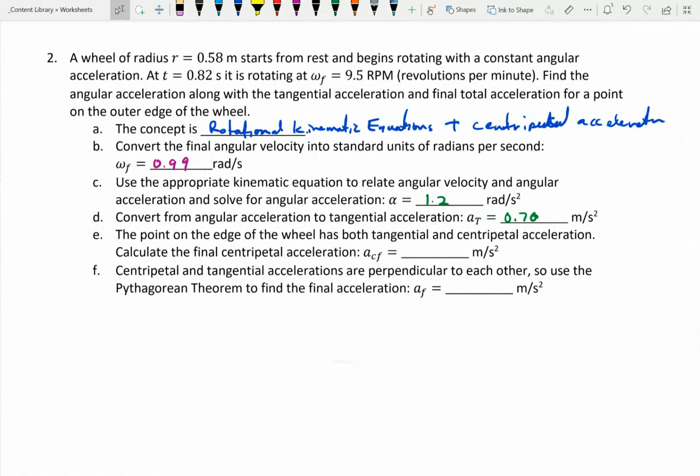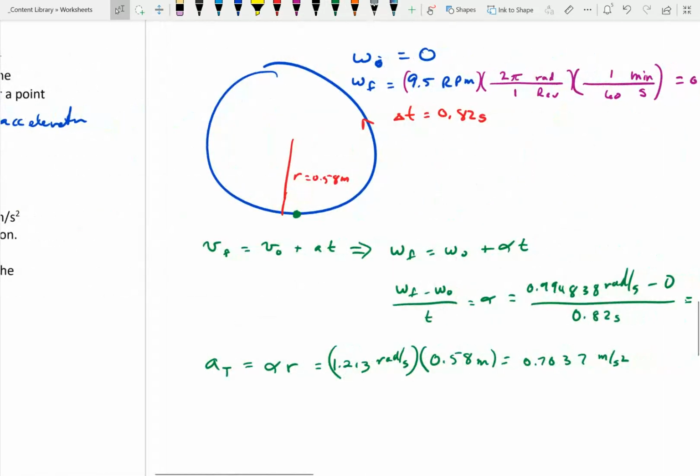But now I have to get the centripetal acceleration. So centripetal acceleration is, now what I used in the last problem was v squared over r, but that's also equal to omega squared times r.